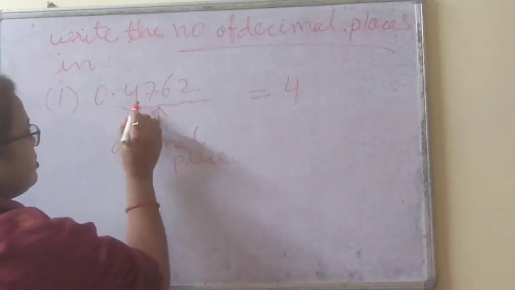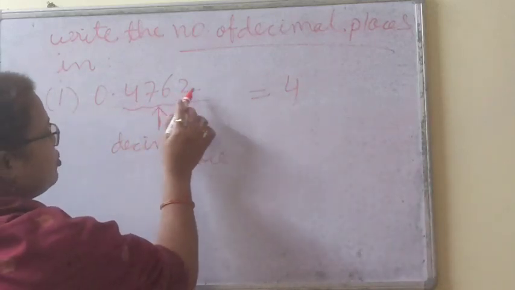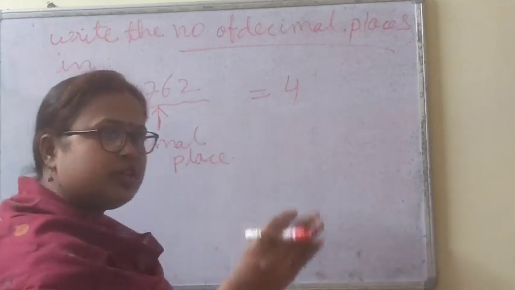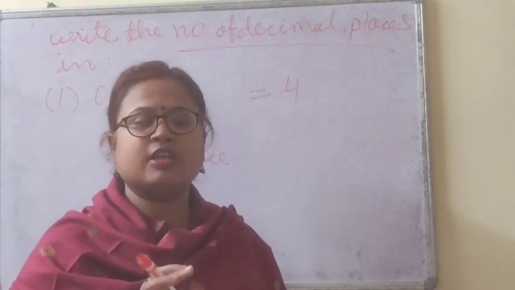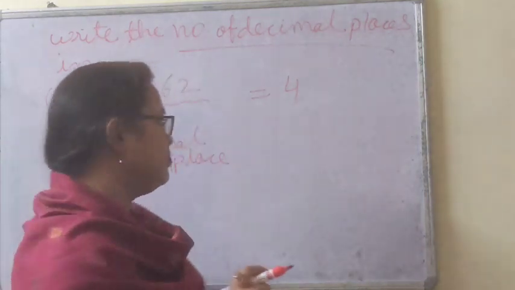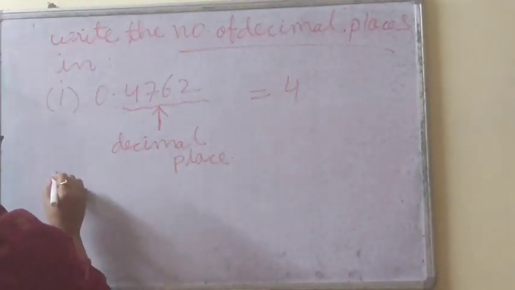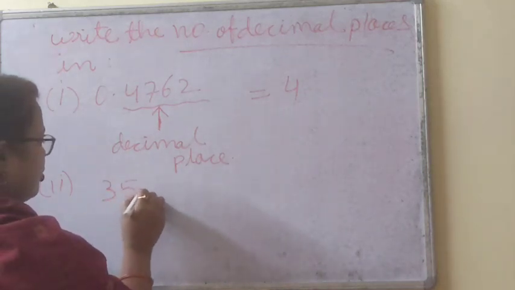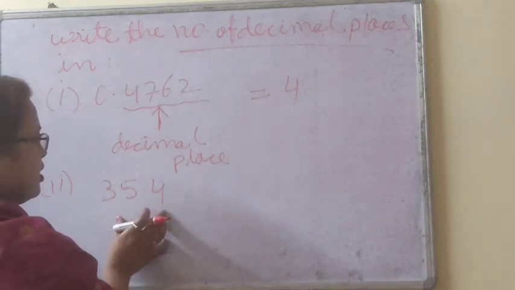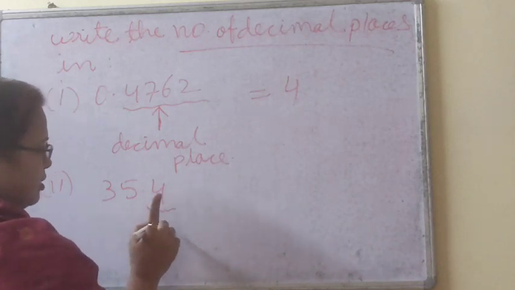So you have to find the number of decimal places. So number of decimal places here? 1, 2, 3, 4. Means after 4 digits you have put the decimal. So the number of decimal places here will be 4. Now take one more example, like 35.4. In 35.4, how many? 1. Clear?